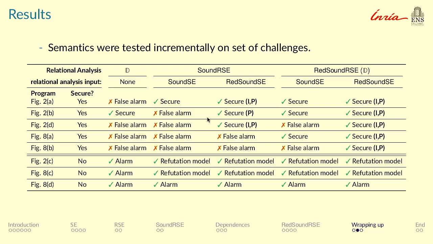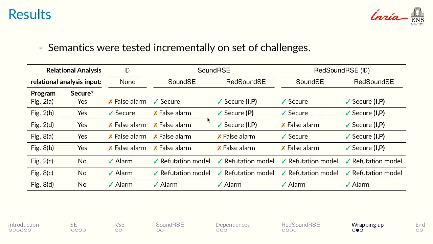But for the ones where we put refutation model, what it means is that the tool was able to not do any over-approximation, and then we ask the SMT solver whether the program is non-interferent, and it says no, it's not non-interferent, and this is an actual refutation trace, an actual pair of memories showing us this violation.